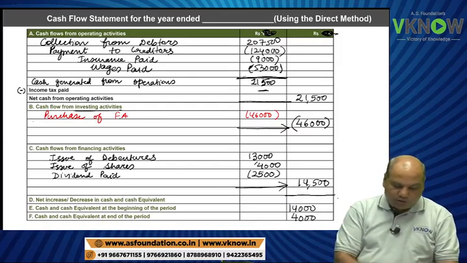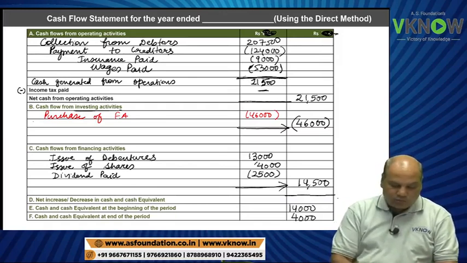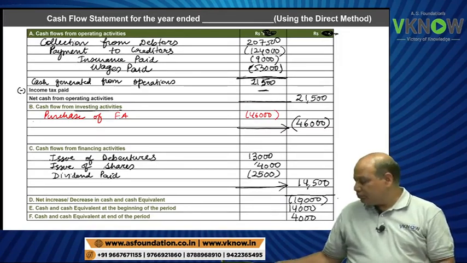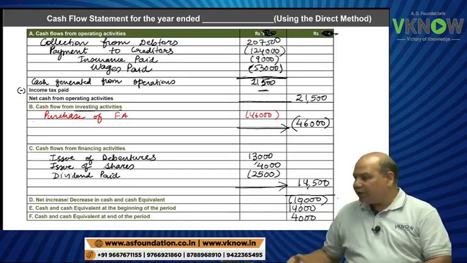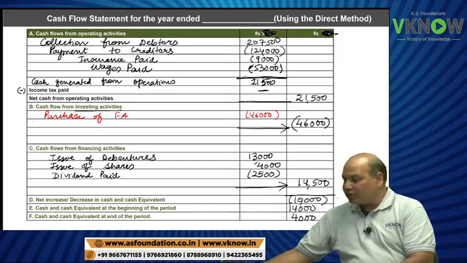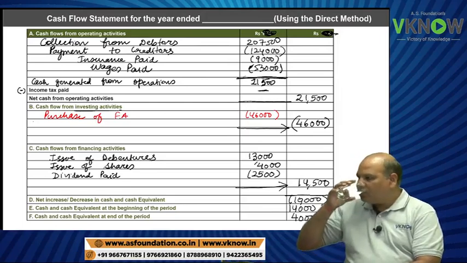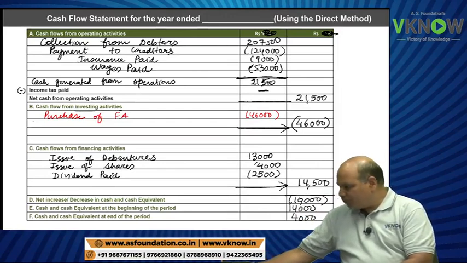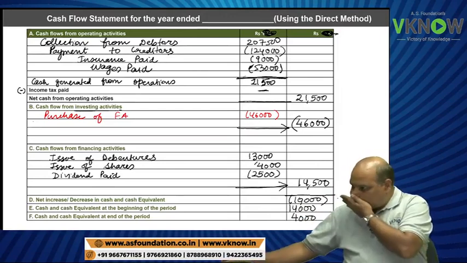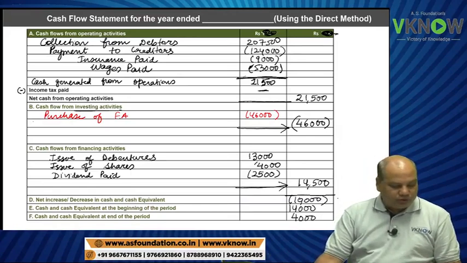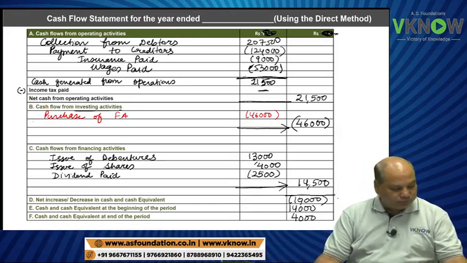Check it. There is a decrease of 10,000. And is it tallying? Yes, this is tallying.